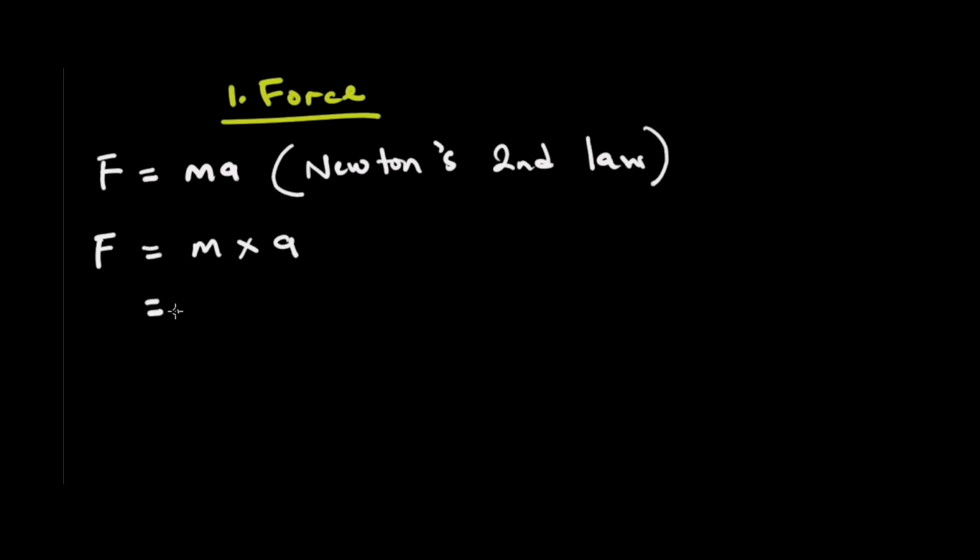Then we deal with the right hand side of our equation. We ask the question: what is the standard international unit, the SI unit of mass? The SI unit of mass is the kilogram. So we substitute m with kg. So F is equal to this kg multiplying acceleration.